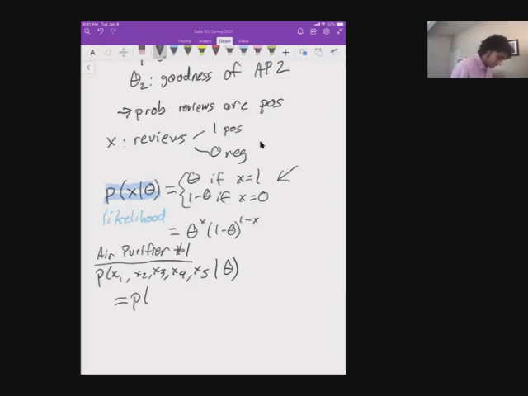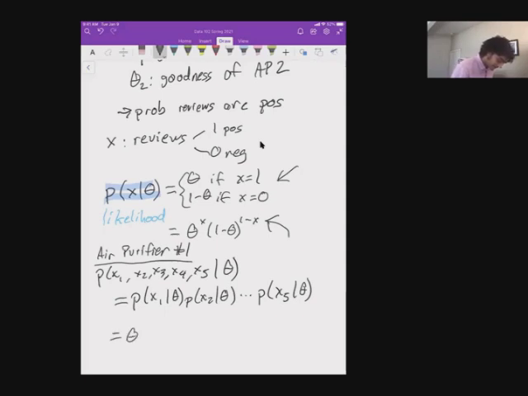So we're going to assume that this is equal to the probability of x1 given theta times the probability of x2 given theta, and so on, multiplying all the way up to the probability of x5 given theta. So what happens when we take this formula and multiply 5 versions of it for x1 through x5 together?